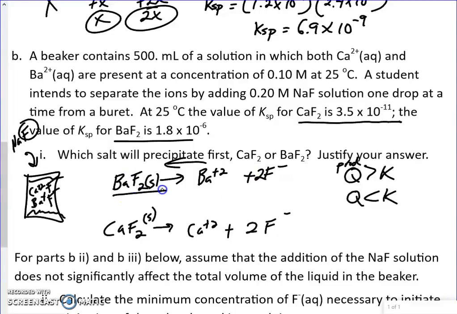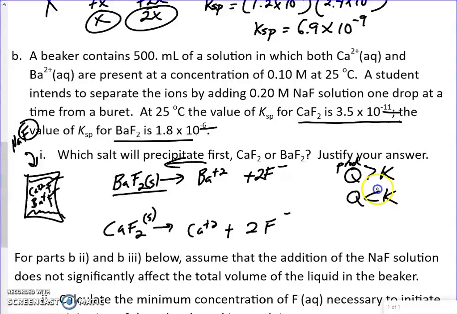So let's look at what this question is asking with that information. Which salt will precipitate first, the calcium fluoride or the barium fluoride, and justify your answer? Well, look at your two Ksp values. We have one that's 3.5 times 10 to the negative 11th and one that's 1.8 times 10 to the negative 6th. This is significantly smaller, which means as these ions are building up, that calcium ion is going to hit Q first because K is very small.